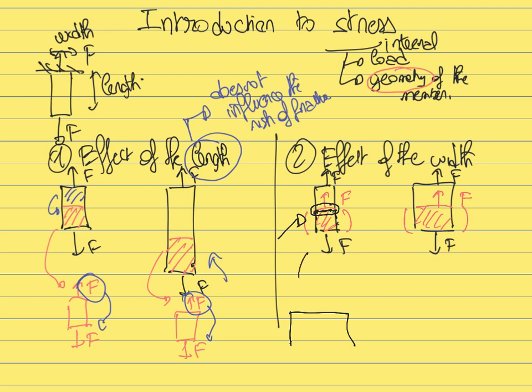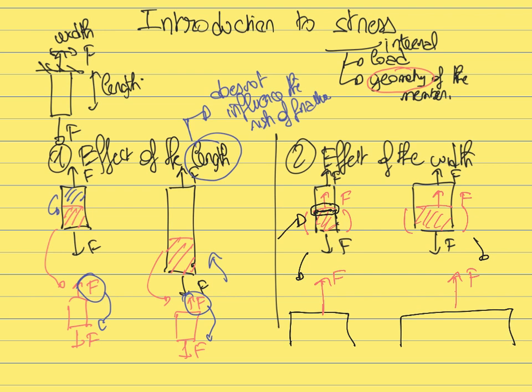So this is for beam number 1 that is thinner, and now I'm going to do the same for beam number 2 that is wider. So we know that the total force applied by the top to the bottom is equal to F. So that's the resultant force. Now let's look in more detail at how the force that is applied by the top part of the member to the bottom part of the member is transmitted.